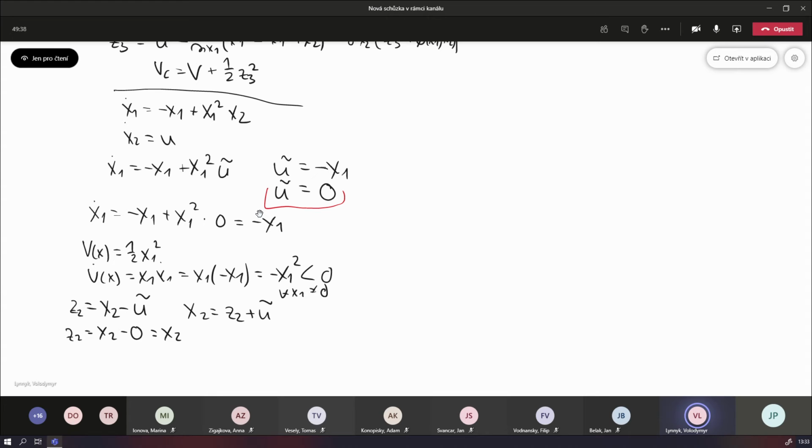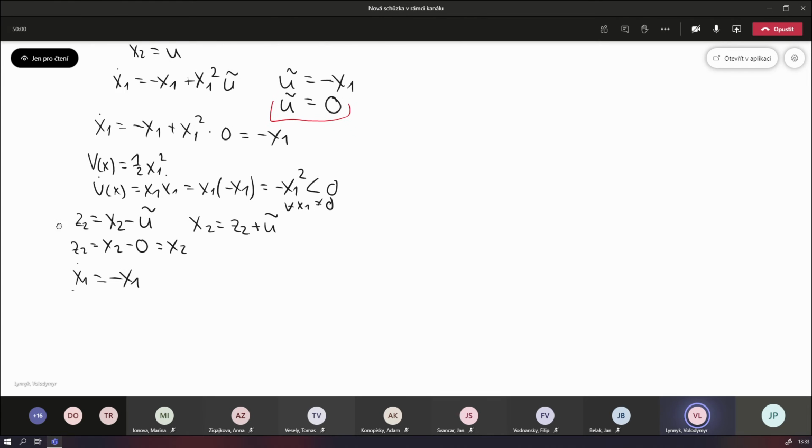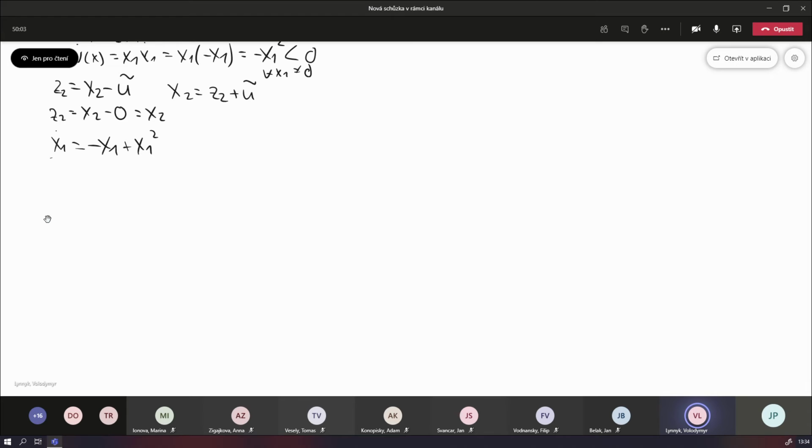And what we need to do now, we need to rewrite our first system in new variables, in new coordinates. x1 dot equal to minus x1 plus x1 squared times x2.